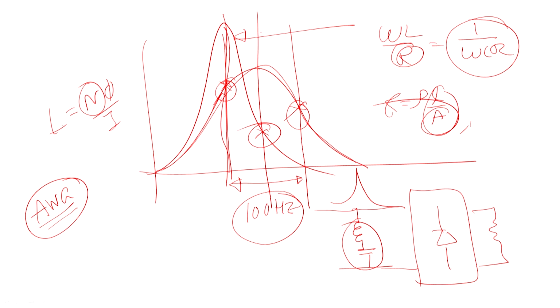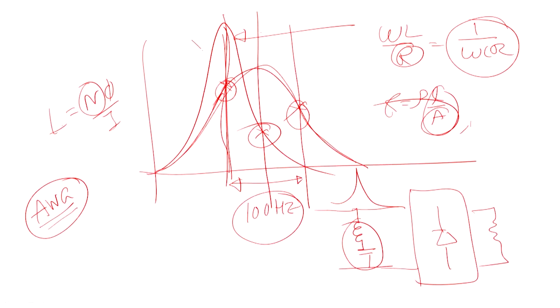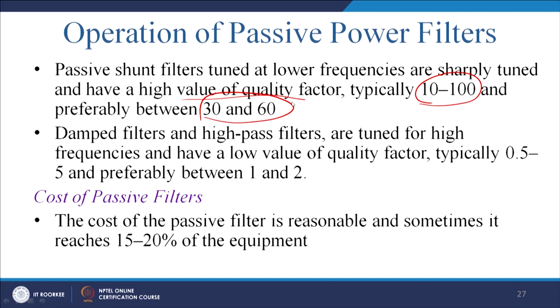But look, the problem is something else. Since it is a passive filter, it does not matter, but having a higher cross sectional area essentially adds more cost to this solution. Damping, I will take out as a separate entity, and it is not totally restricted to the shunt active power filter or the passive filter.